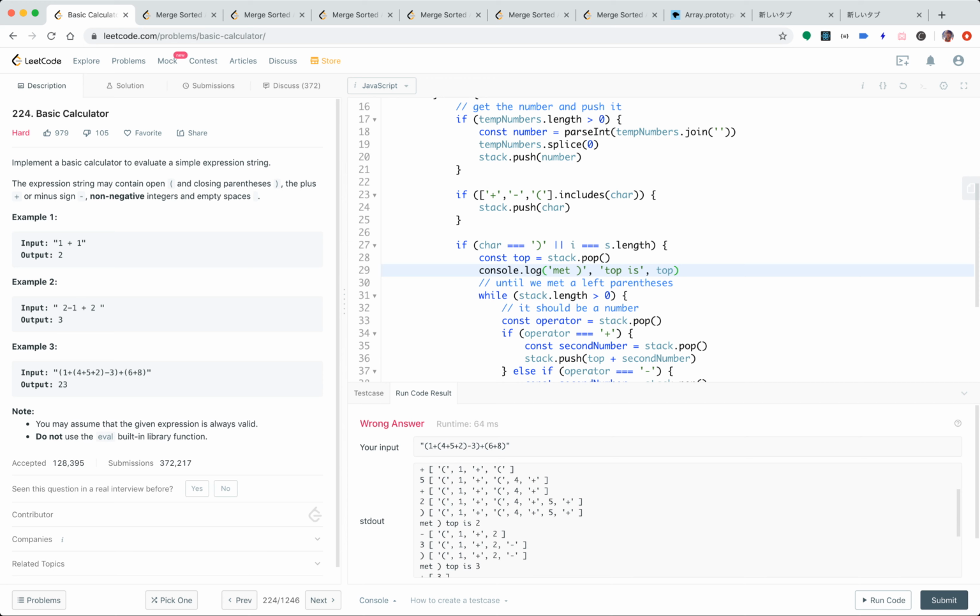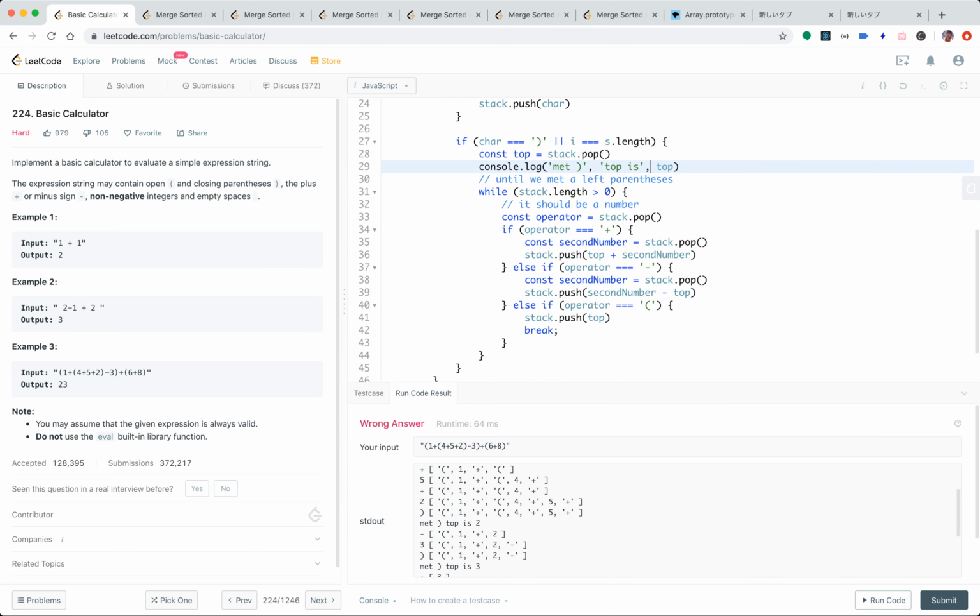So while stack then there is, and operator should pop, should be plus, and then second number should be pop again, so it's 5. We push back. My mistake, top should be like this.